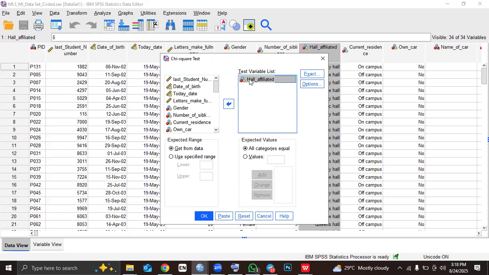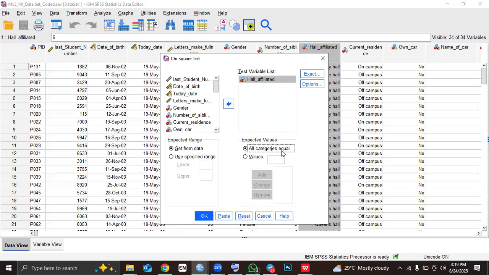After we are done with this, we come to expected values here. Then we make sure we tick all categories equal, because our theory is that all the students in the data are equally distributed across each of the halls.